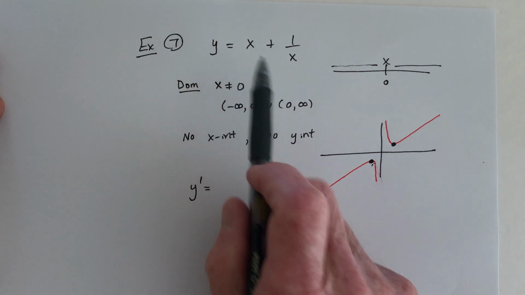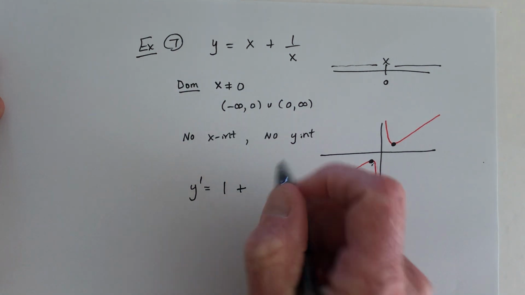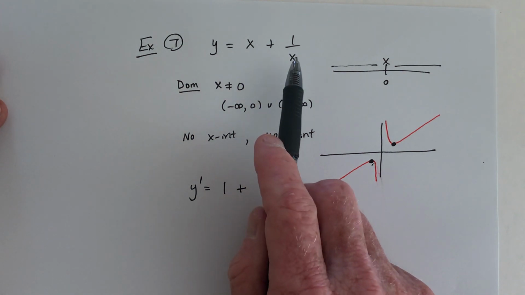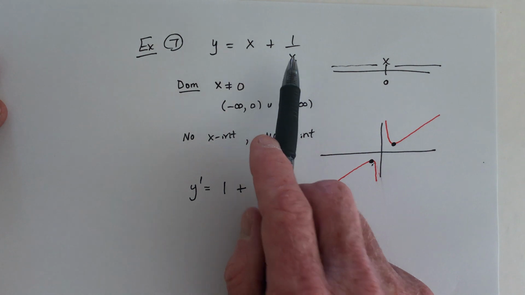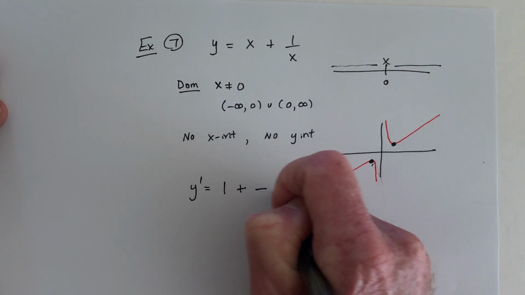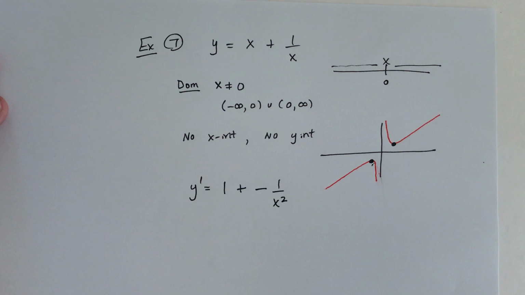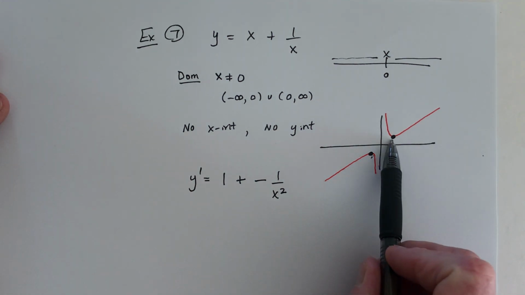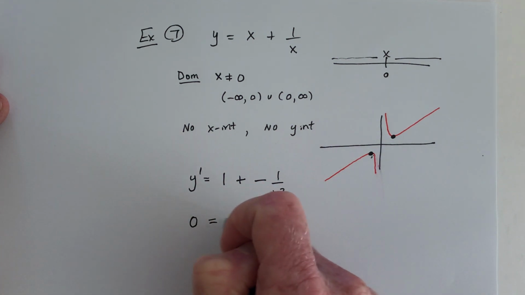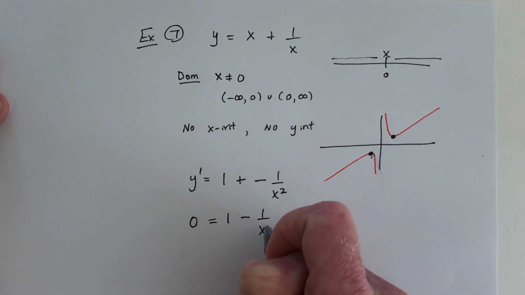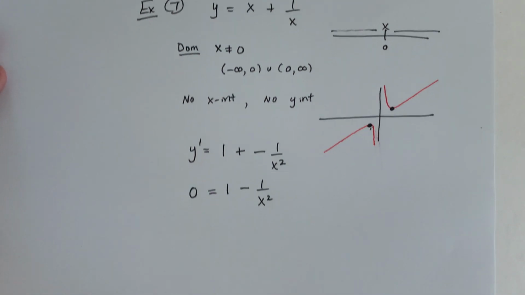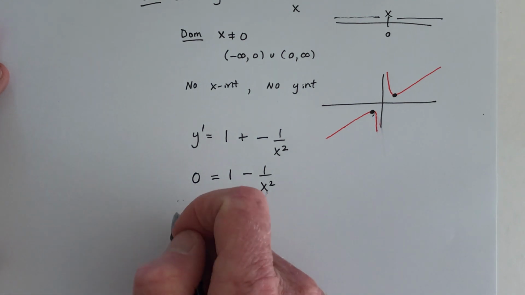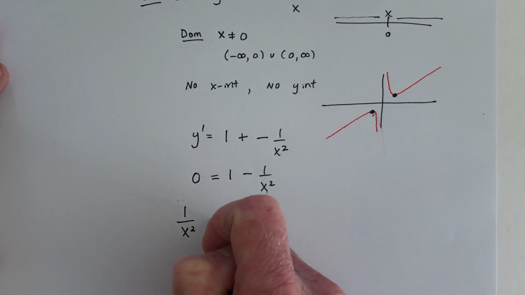So the derivative of x is just 1. And then this is one of the ones that I have on the 3x5 card, which I don't have with me right now, but luckily I remember the derivative of 1 over x is negative 1 over x squared. And then set that equal to 0 so that we can find these 2 points. So the next thing I would do is take this negative term and move it over to the left side so it becomes positive 1 over x squared.